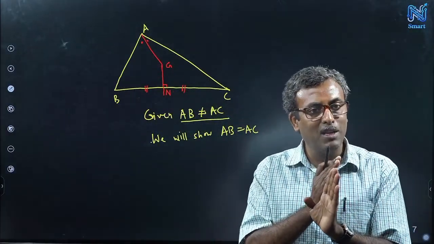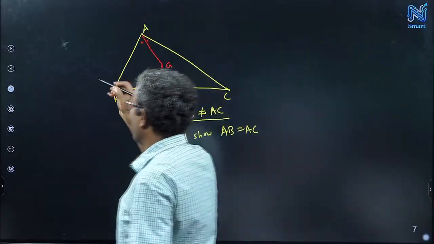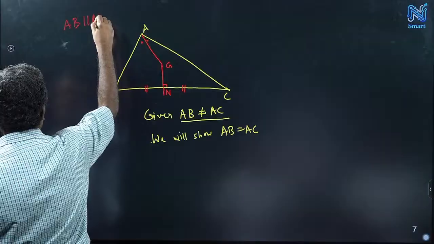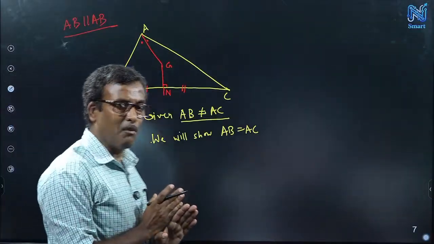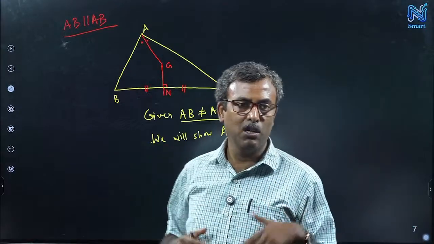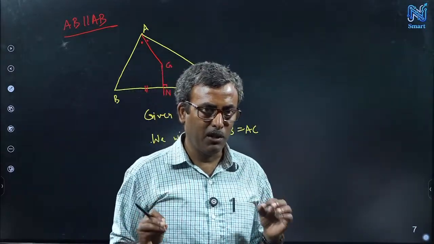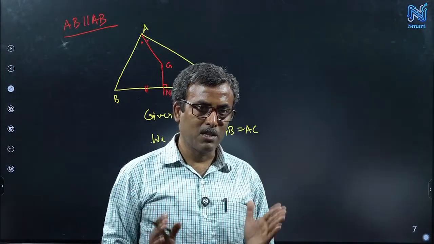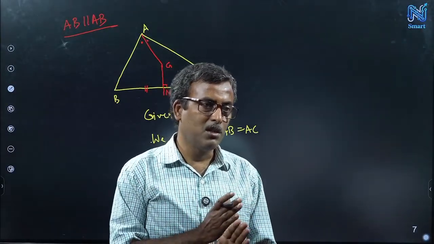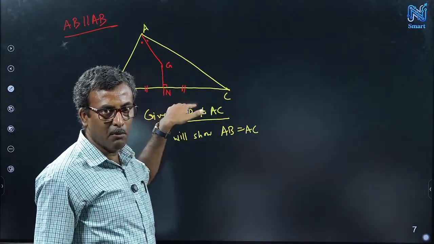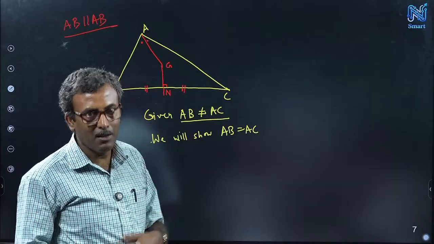If two lines are equal, then we call it parallel, by definition; AB is parallel to AB. The definition of parallel lines as two lines which never intersect is a wrong definition. The definition of parallel is that the distance between two lines is the same. If the distance between two lines is 0, then it is the same line. Now if AB equal to AC, then the angle bisector and the perpendicular bisector are the same line, so it is parallel.